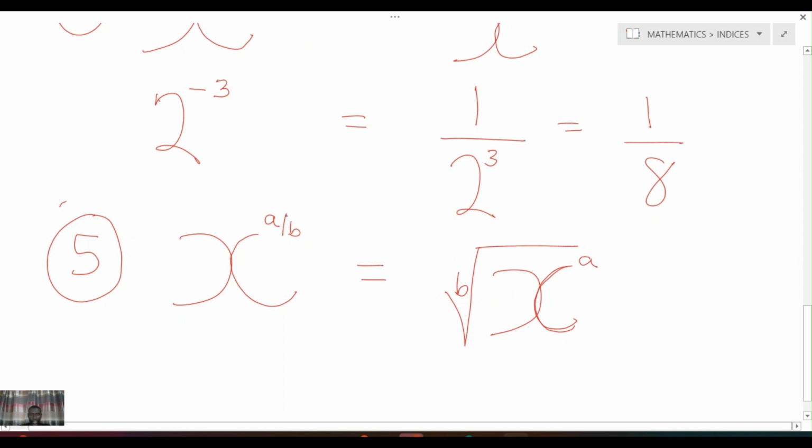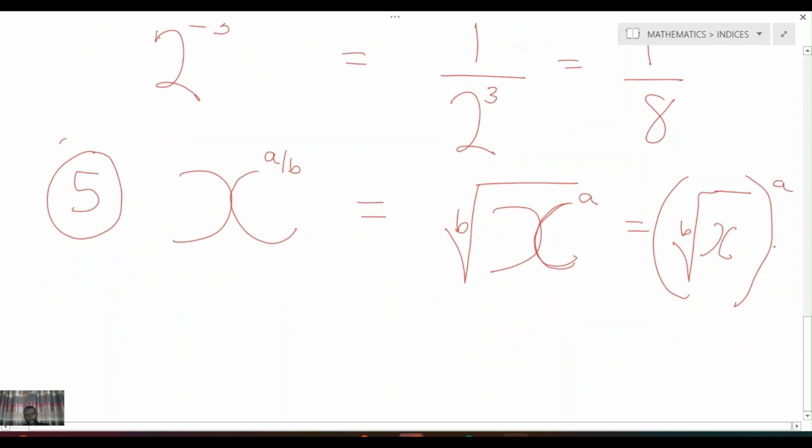This division becomes the b root of the number raised to power a, which can also be expressed as the b root of x, can also be expressed like this, raised to power a.